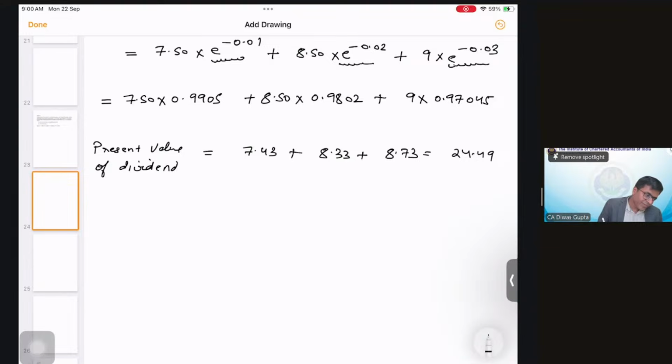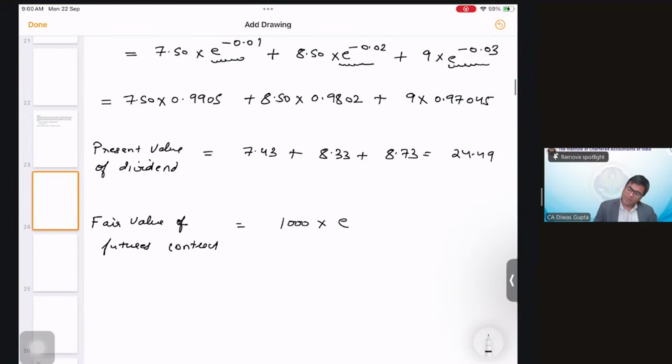Now the fair value of futures contract will be 1000, the spot price, into e raised to the power.